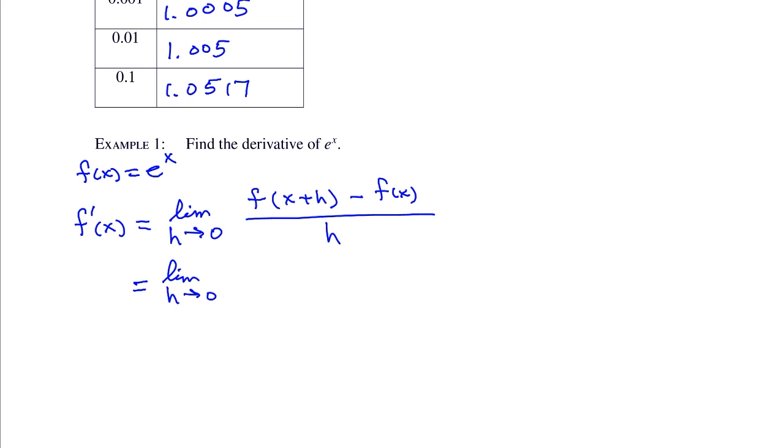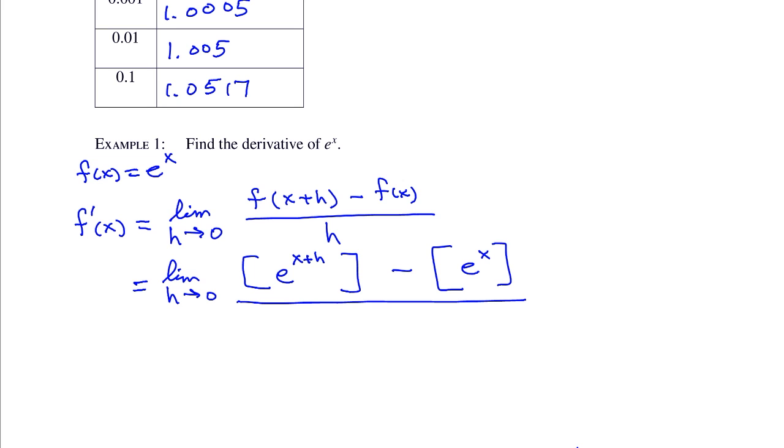Now the function is e to the x, so we evaluate where the x is x plus h. The x is the exponent, so x plus h goes in the exponent, minus f of x, which is e to the x, over h.